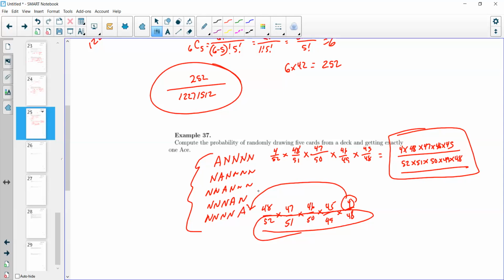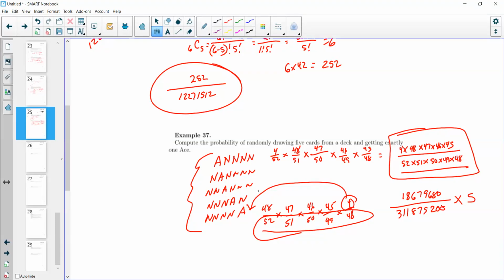I have 186,79680 over 2 times 51 times 50 times 49 times 48. That's 311,875,200, and then we're going to multiply that by 5.